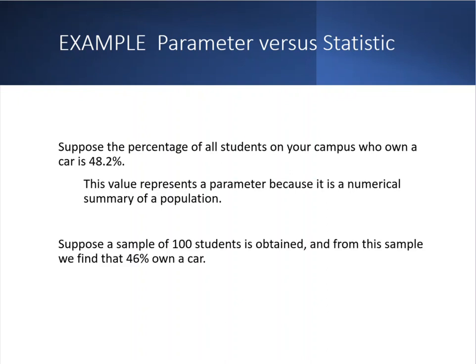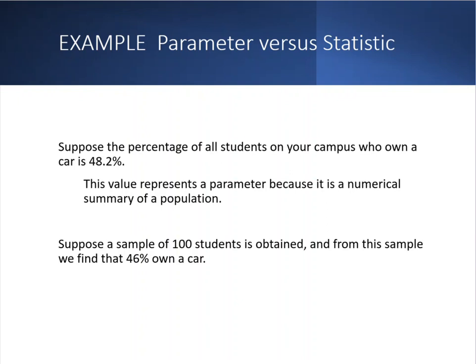The second example says, suppose that a sample of 100 students is obtained, and from this sample we find 46% own a car. So that 46%, we need to determine, is that 46% a statistic describing the sample, or is it a parameter describing the population? Hopefully you can see that in the sentence, we are looking at a sample, kind of a giveaway there, of 100 students saying that they own a car.